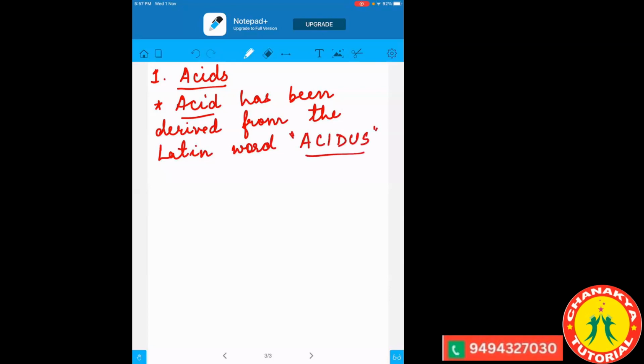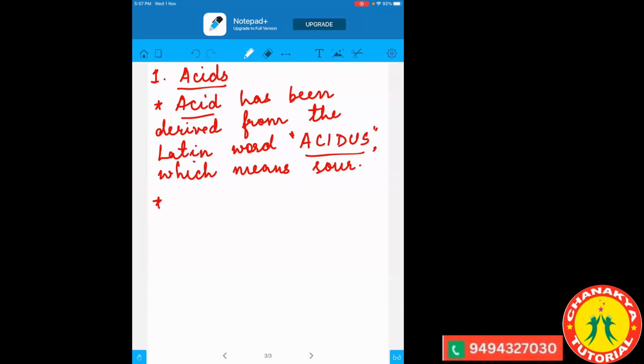Acidus is a Latin word which means sour. So acidus means sour, and that is why all the acids are sour in nature. The word acid has been derived from the Latin word acidus.